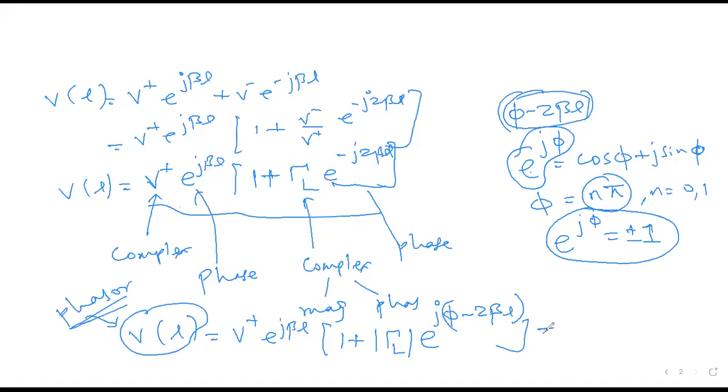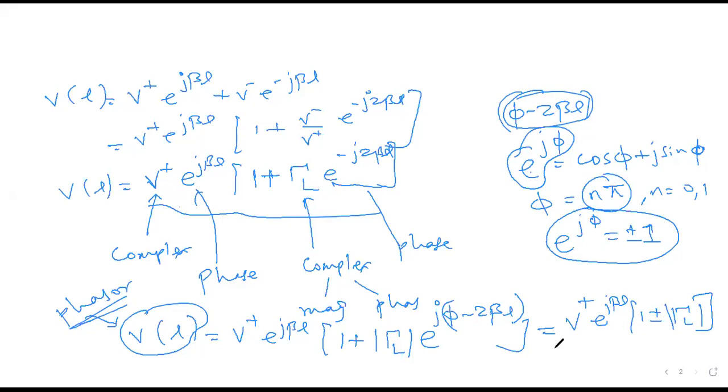So roughly I can say this as V plus e raised to j beta L times 1 plus or minus mod of gamma L, right? Students, are you all getting this? Anyone reply? Okay, fine. Divyaman is saying yes.